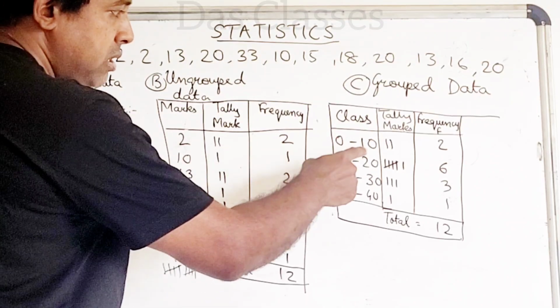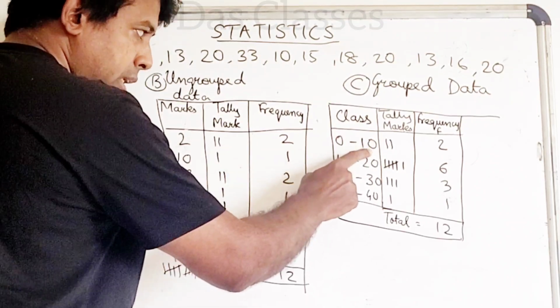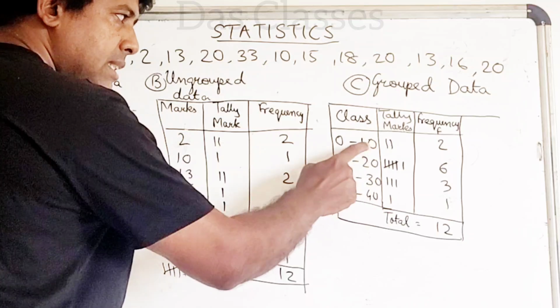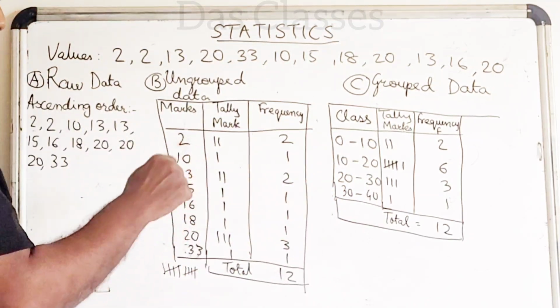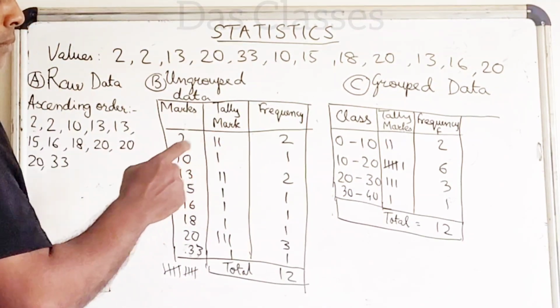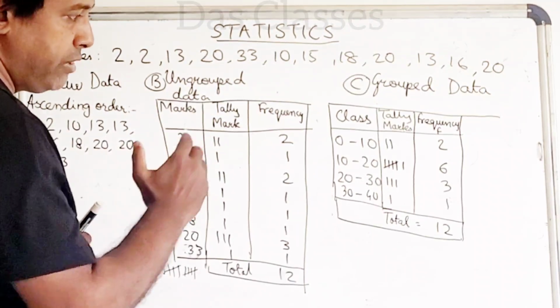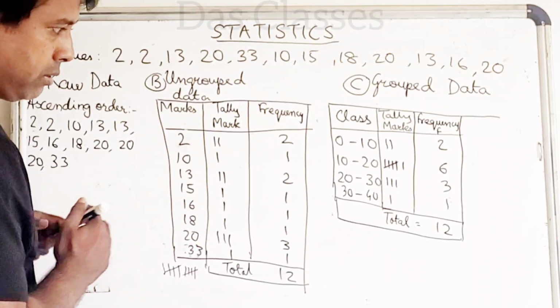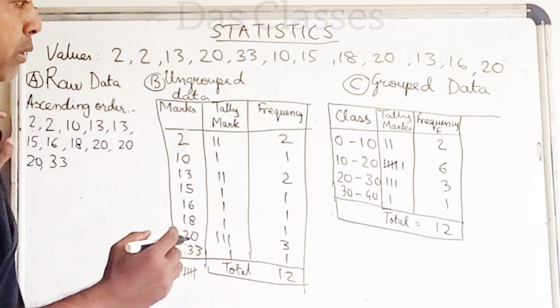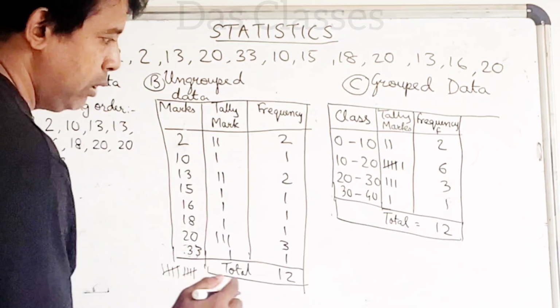Now, as I told you, in this example the upper class limit of one class is the same as the lower class limit of the other class. That is called a continuous class, or exclusive class. And if it's not a continuous class, I will show it below over here.